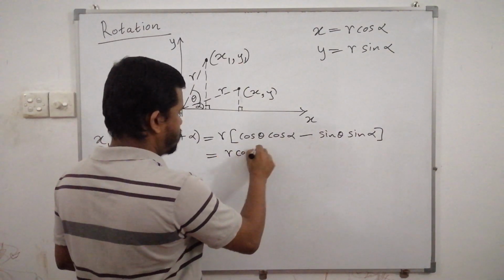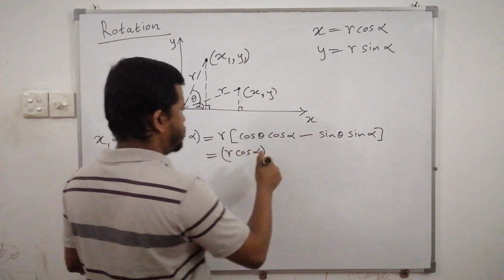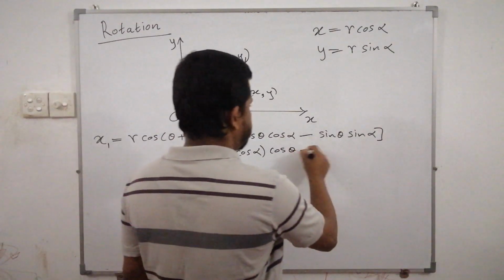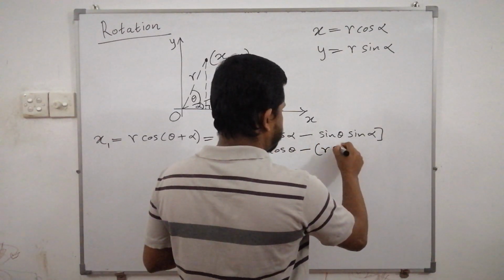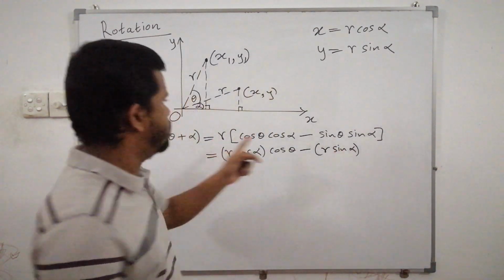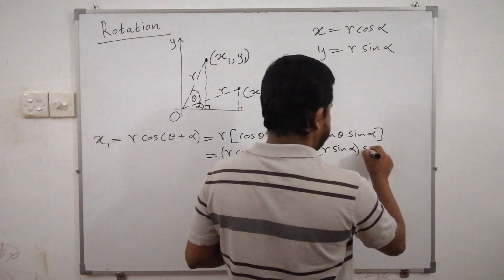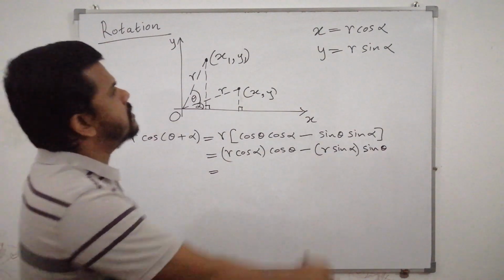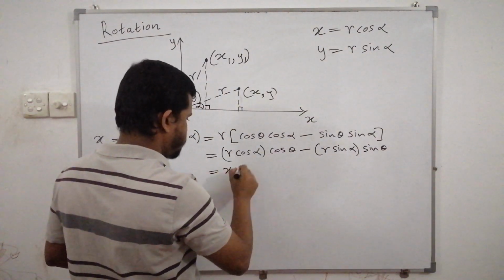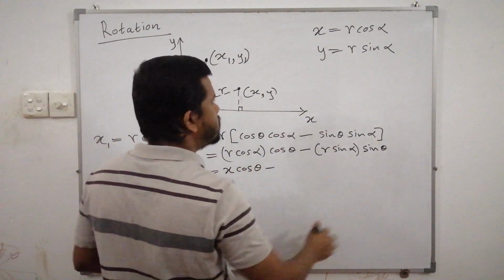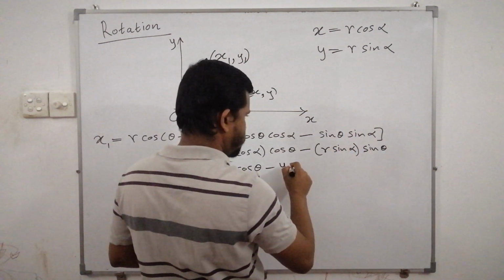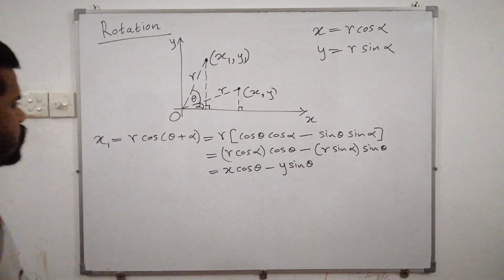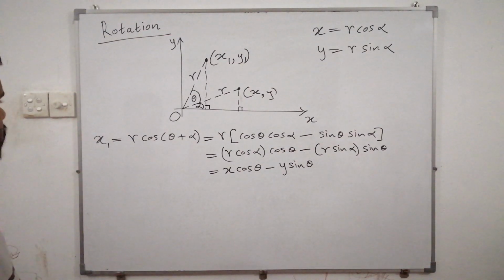Then r cos alpha cos theta minus r sin alpha sin theta. r cos alpha means x, r sin alpha means y. So this is x1.